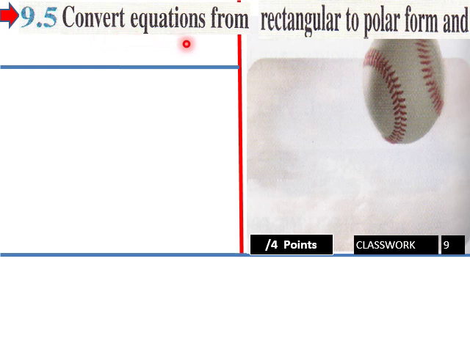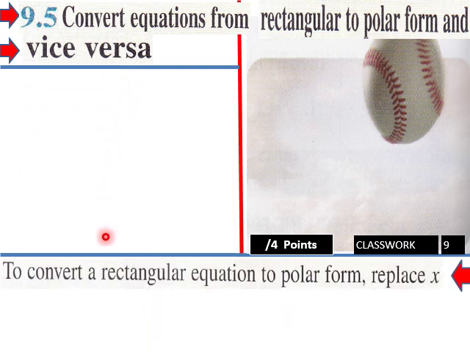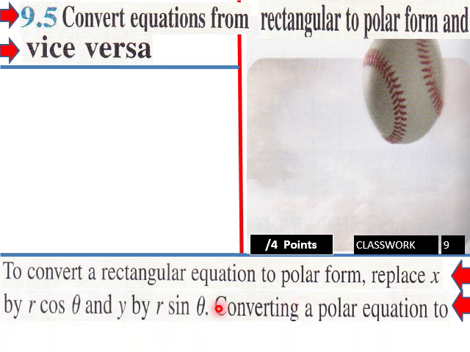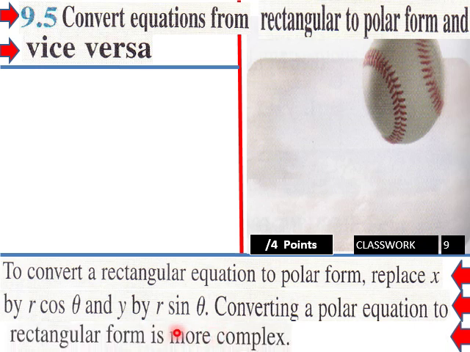9.5, convert equations from rectangular to polar form and vice versa. So to convert a rectangular equation to polar form, replace x by r cosine theta and y by r sine theta. Converting a polar equation to rectangular form is more complex.